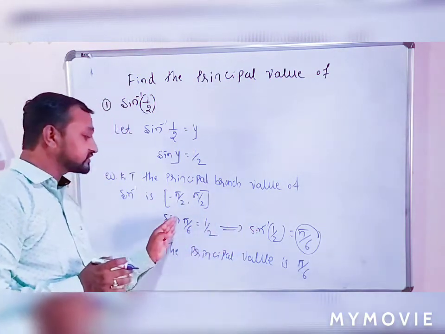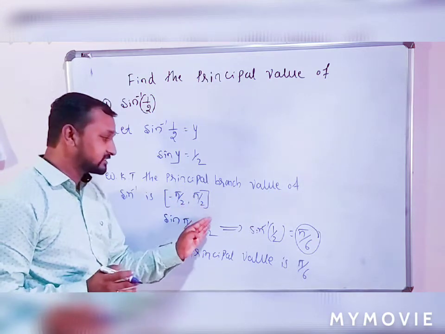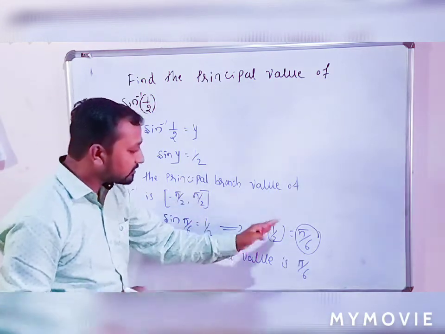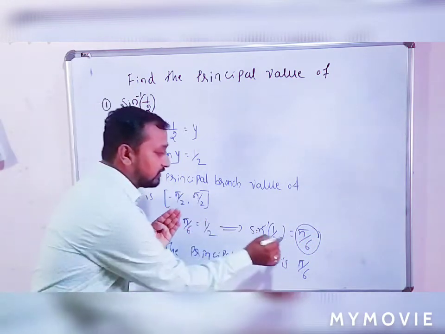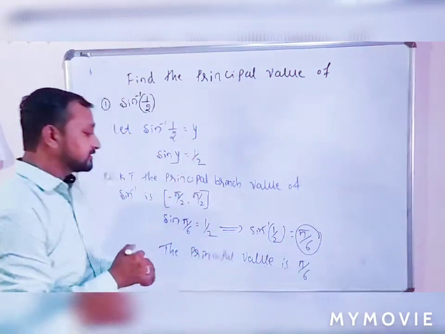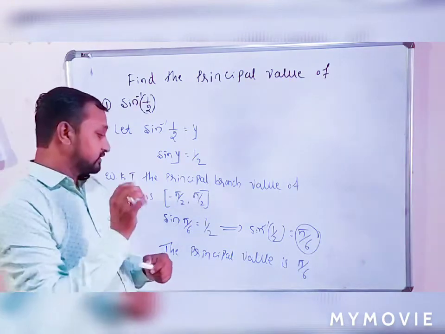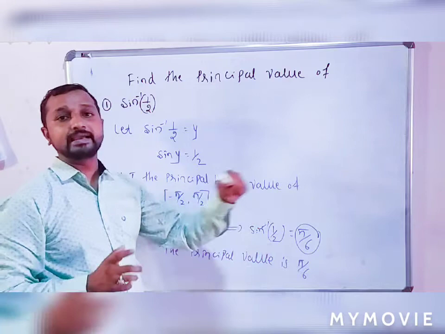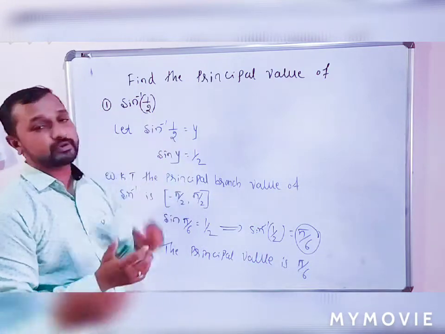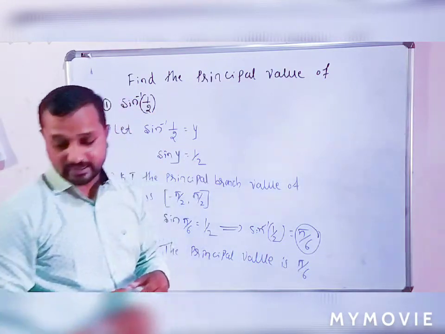This implies the sine function is shifted to the right-hand side, so sine inverse of 1 by 2 is equal to pi by 6. This pi by 6 is said to be the principal value of sine inverse of 1 by 2. So this is a positive angle, students.